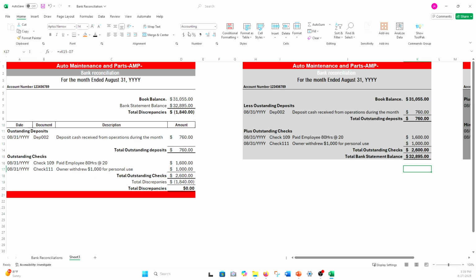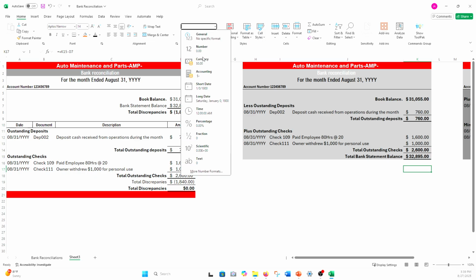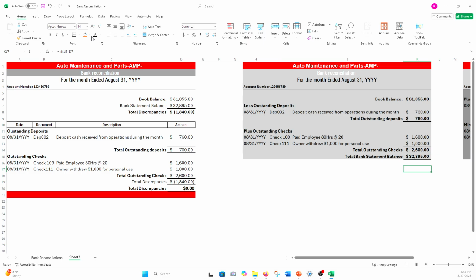So let me put it here, zero balance. Okay, it's zero. This is another way to present the reconciliation. I personally like this one, but it's good too. So now let's move to another way to do it.